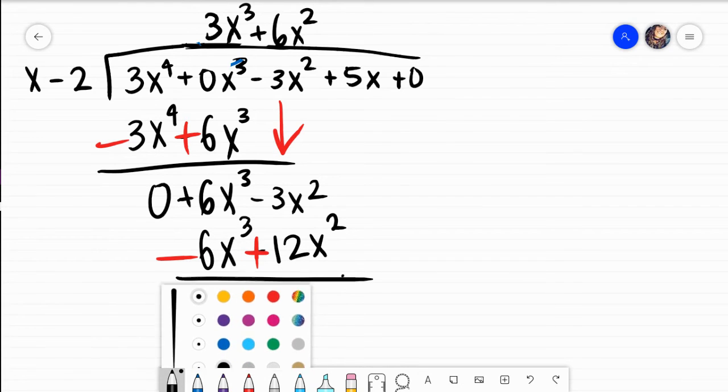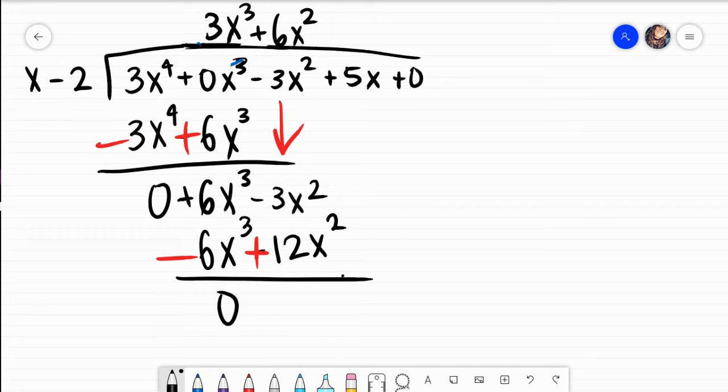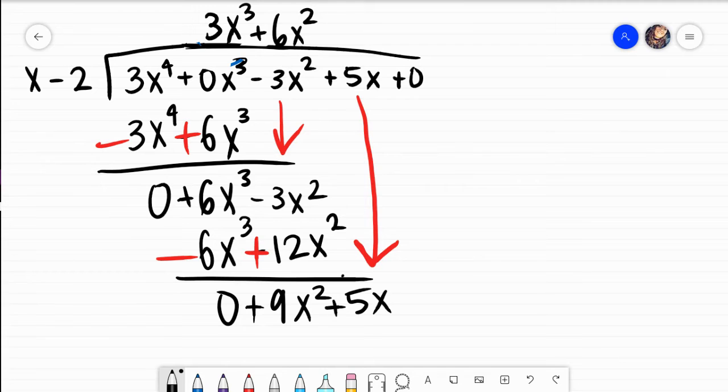So if you look at these two terms right here, we have a negative 3 and a positive 12. Signs are different, so you would subtract, keep the sign of the larger, you get a positive 9, keep and keep.